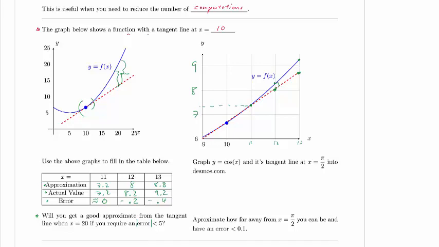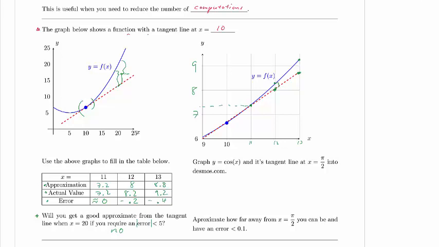And so the actual value appears to be north of 20, with the approximate value being south of 15. So that does definitely look to be more than an error of 5. And so will we get a good approximate value? And the answer is no. We will not get a good estimated value if we require an error to be less than 5.